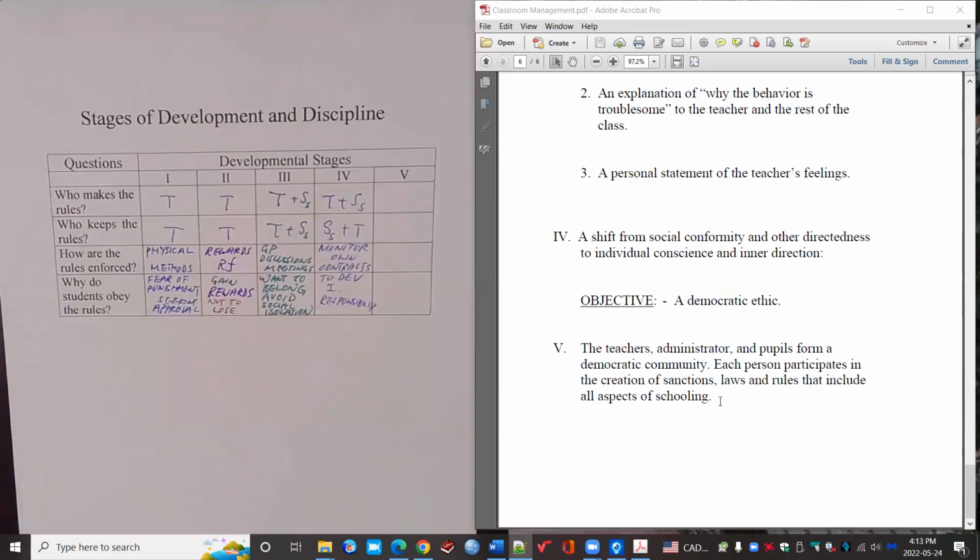All right, all aspects of schooling. So now the position or the status of the students has been raised to the level of the teachers, right? Because they participate in the creation of sanctions, laws, and rules.